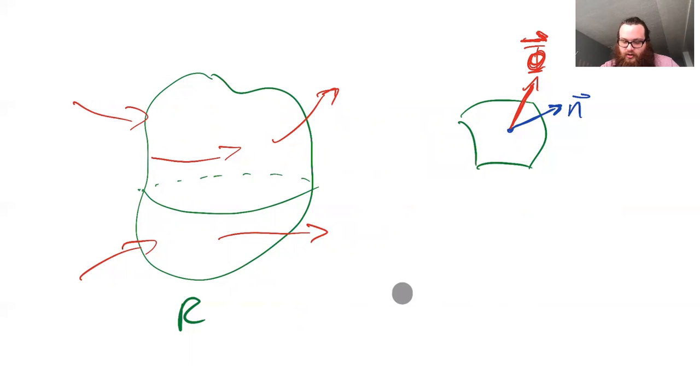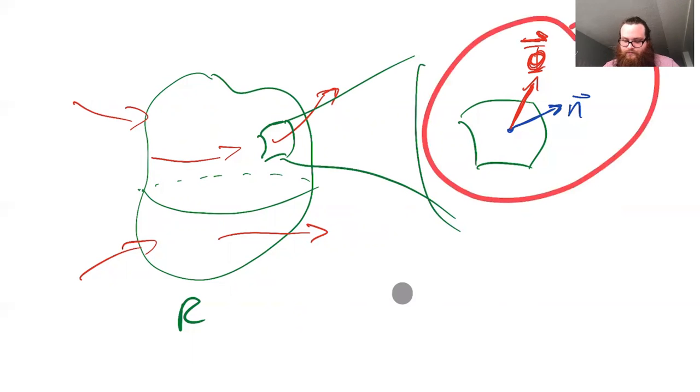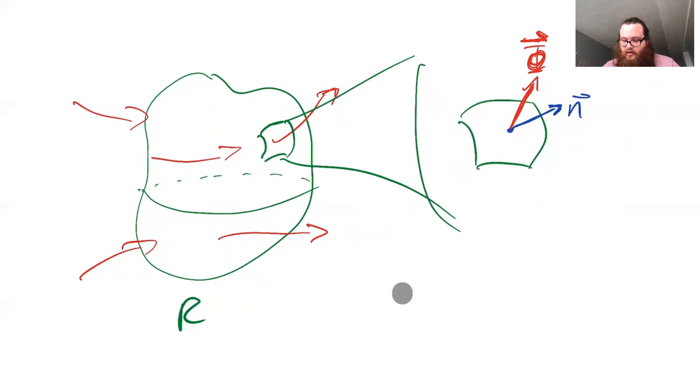Okay, so what we're going to do is zoom in maybe on this little patch right here, and that's what's drawn right here. Okay, so what is the flux out of this region? Well, maybe at this specific point right here, okay, the actual vector for the flux is pointing right there, whereas this is the normal.